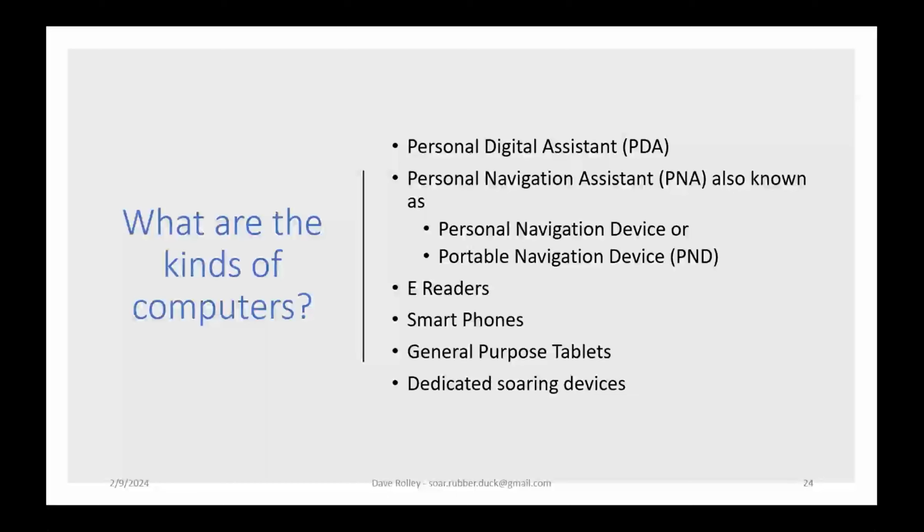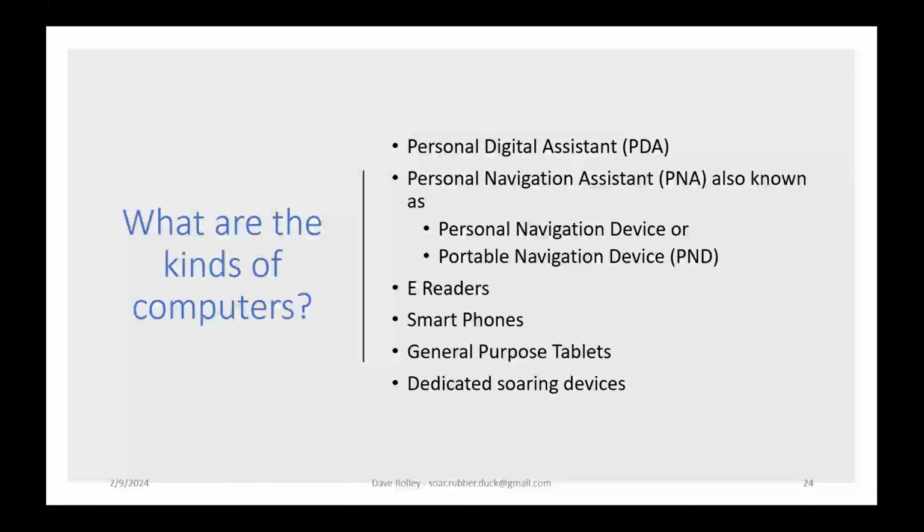So what are the types of computers? Well, we started out with personal digital assistants. These were Palm and Compaq and HP personal digital assistants, and then they had an external GPS source. The other things that popped up on the horizon, these are like your car GPS units. They were originally called personal navigation assistant or navigation device, or they had various names, like personal navigation device or portable navigation device and that kind of thing.